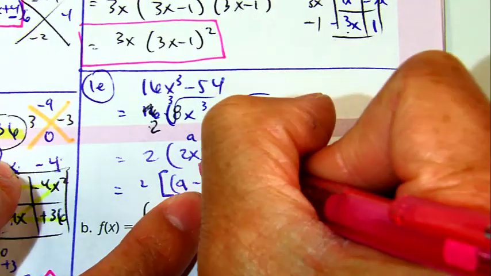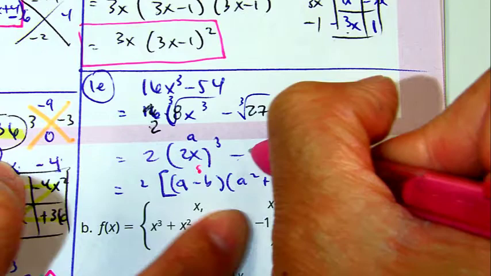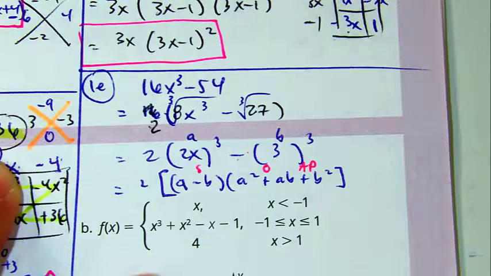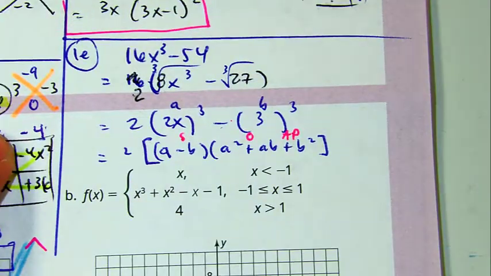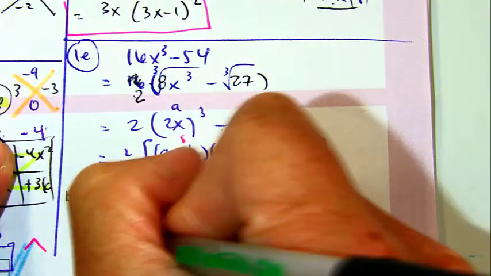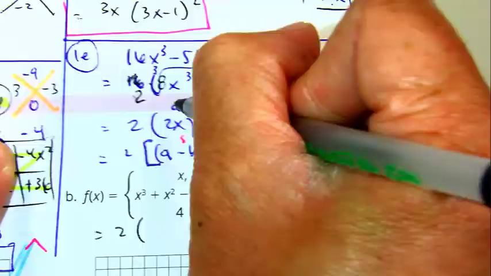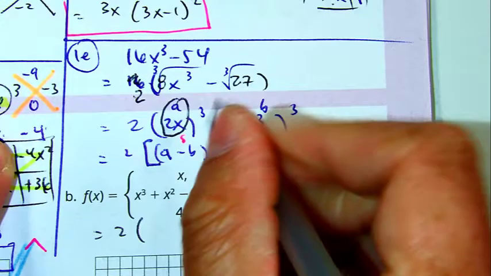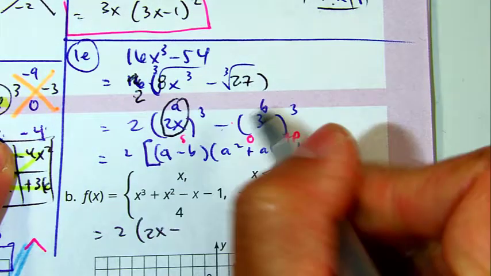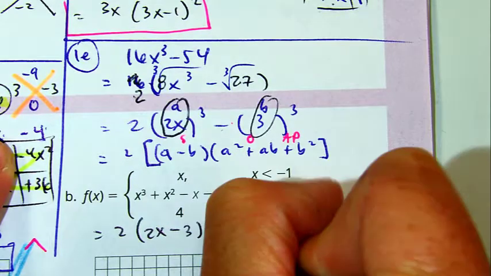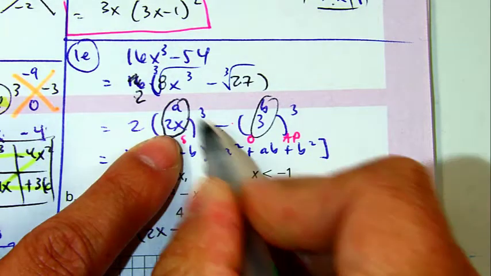Same math operation, opposite, and always positive. And then I have to just do my substitution, but be careful. A is 2x, so that's 2x minus 3. Okay, here's the hard part. A is 2x.